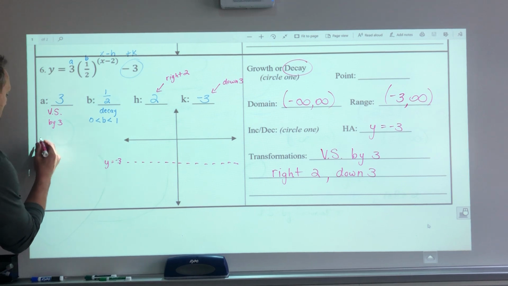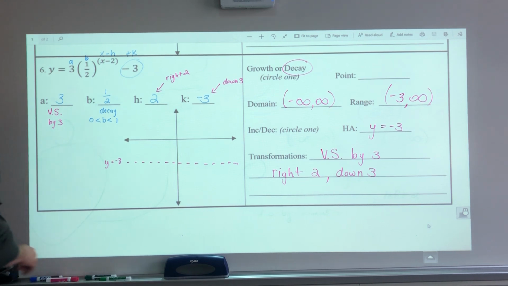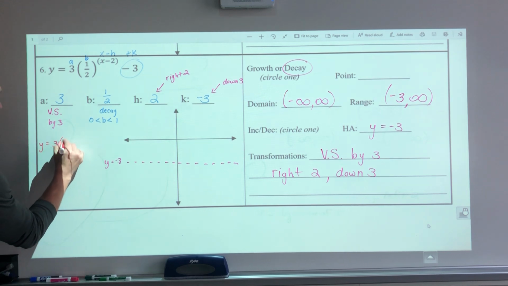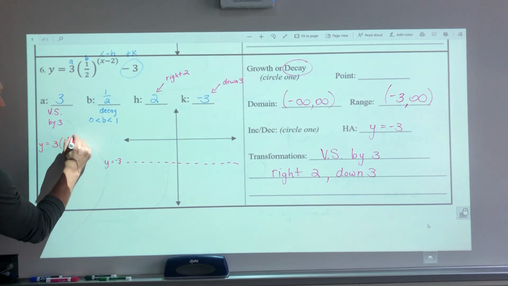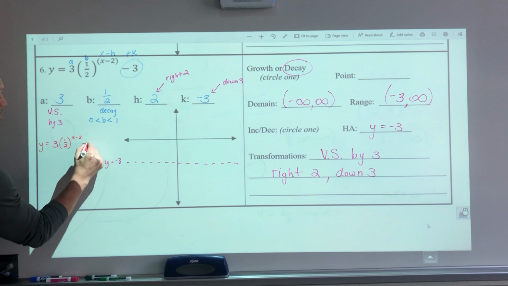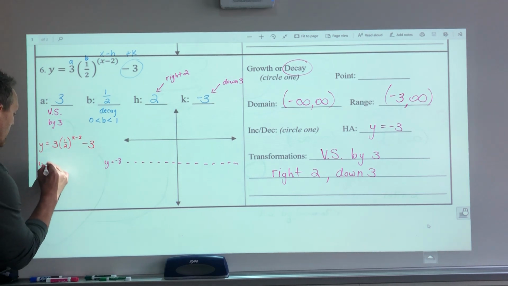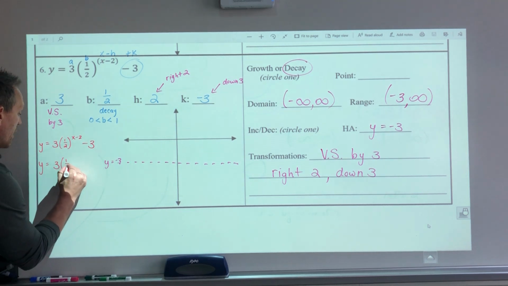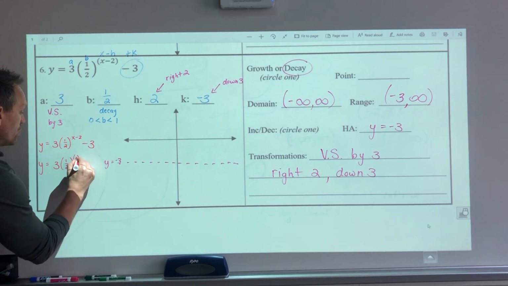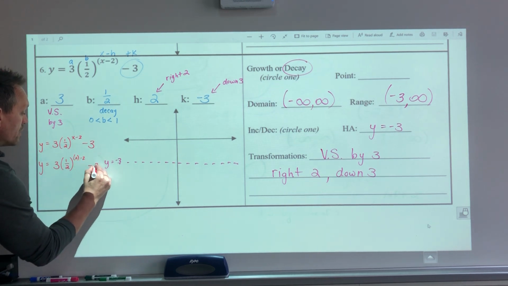So now I have, let me use a different color so it pops. Y equal to 3 to the 1/2 of x minus 2 minus 3. Well, again, what should I plug in there? If I plugged in 2 there, y equals 3 to the 1/2 of 2 minus 2 minus 3.